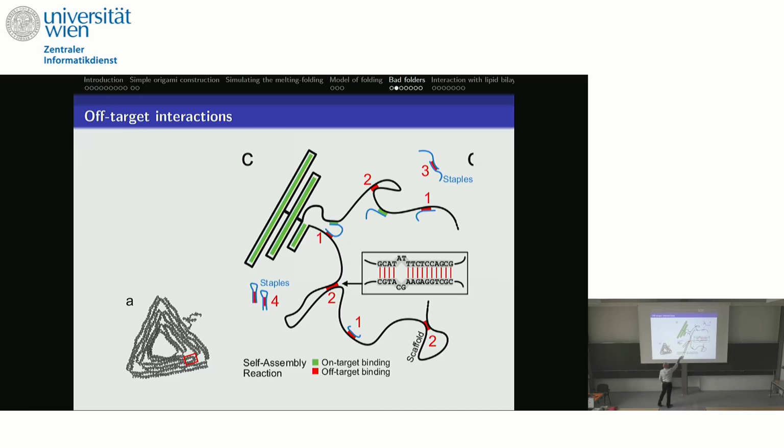This other situation is where the scaffold interacts with itself, and this is also quite common. And there are 2 other situations which involve only staples. In situation 4, you have a secondary structure for the staple, and in situation 3, you have a binding between 2 different staples, which is just a reflection of this type of unexpected interactions.